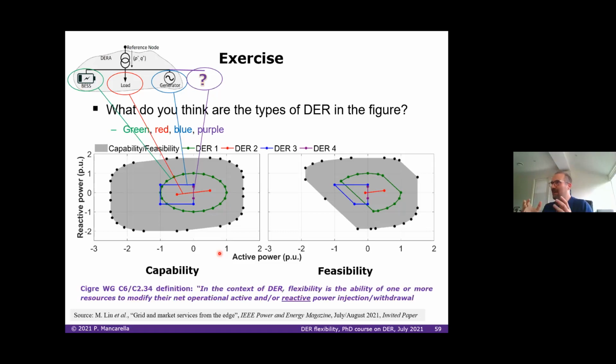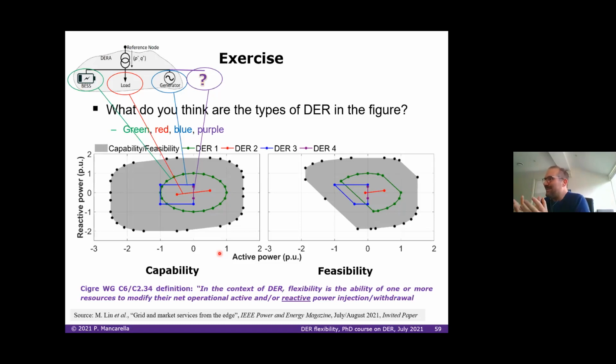In fact, in the definition that we saw coming from the CIGRE working group, we focused on the fact that flexibility is not only in active power, it's also in reactive power. So the capability of, for example, D-FACTS, D-STATCOM, but also flexible capacitor and reactor banks with thyristors.